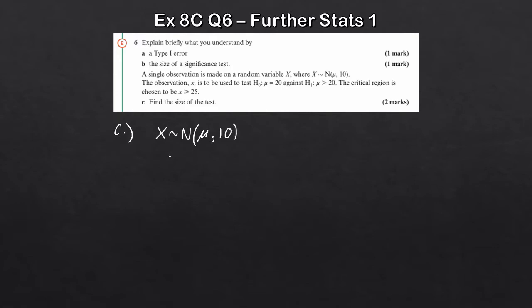So the hypotheses here are H0: mu equals 20 and H1: mu is greater than 20. Okay, and then they tell us the critical region, I'll call it CR, that's x greater than or equal to 25.